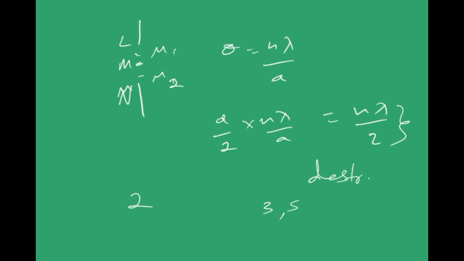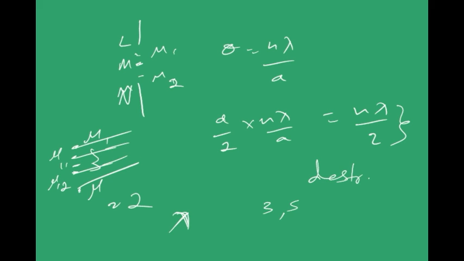But what if n is 2? Then it will give lambda, right? So you may think that here it is not the case, but actually it is. Observe this. Now M1, M2 are giving out two waves whose path difference is lambda, right? So I can again divide this into two intervals, and this case is something similar to what we solved before. And again I can find two points M11 and M12 inside them, so that the resultant of these two interferes destructively, and so the entire contribution of M1 and M2 will be 0.